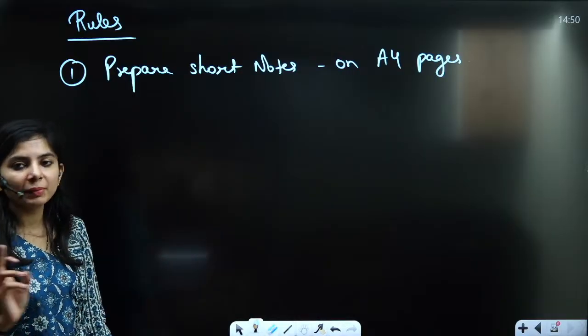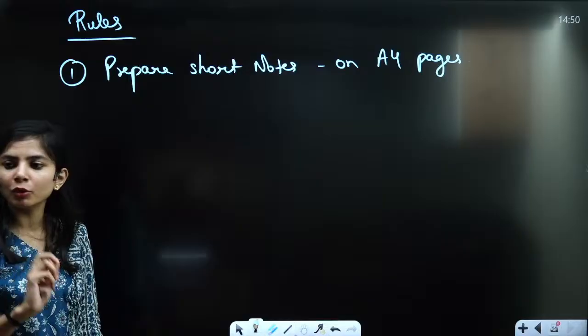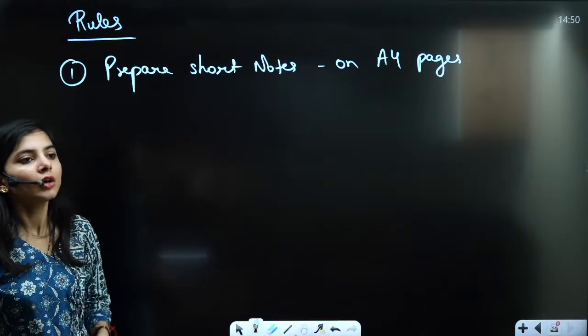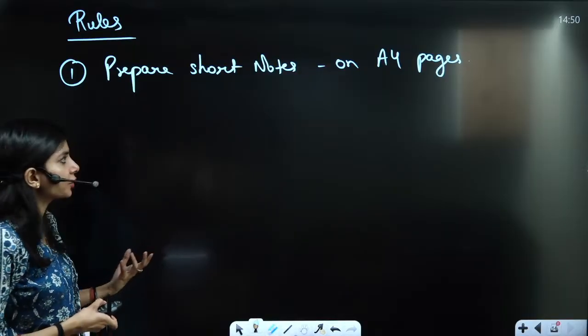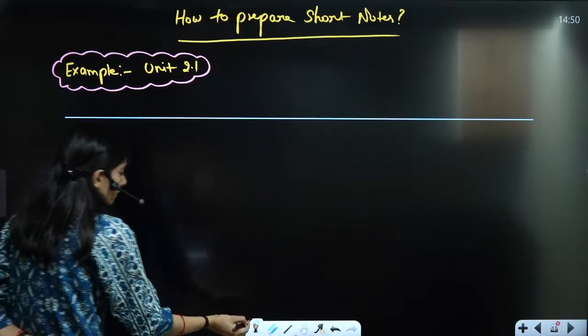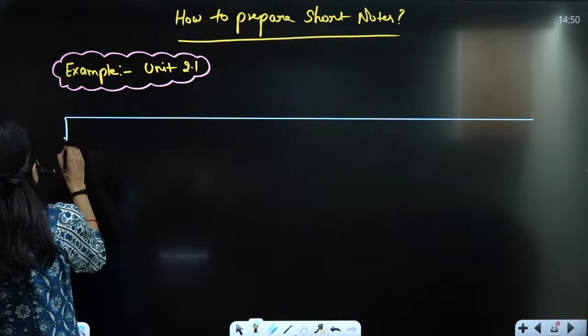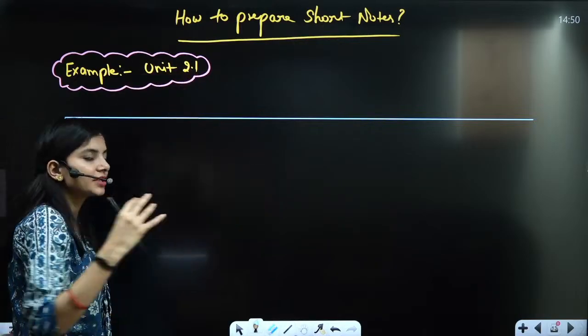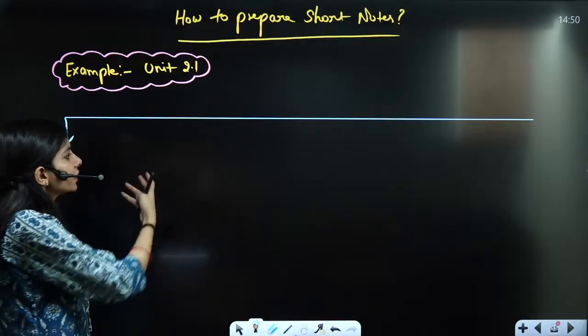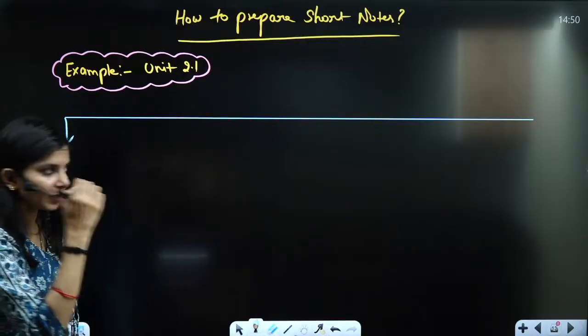You are not going to prepare the short notes in your notebook or anything. Why? Because over a period of time, you have to add on to the things. So this is what you need to do. Fine. Now, because this unit 2.1 has a basic syllabus which includes four things, therefore we are going to prepare it in this format only.